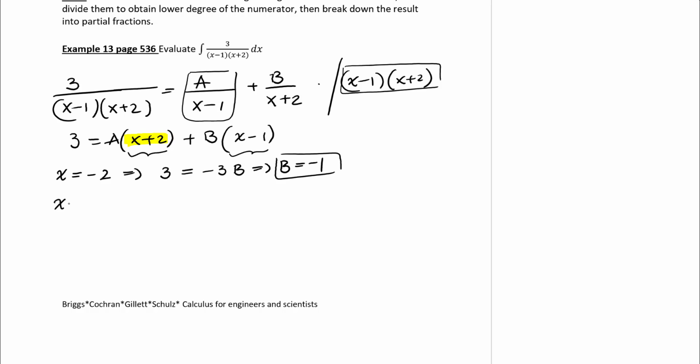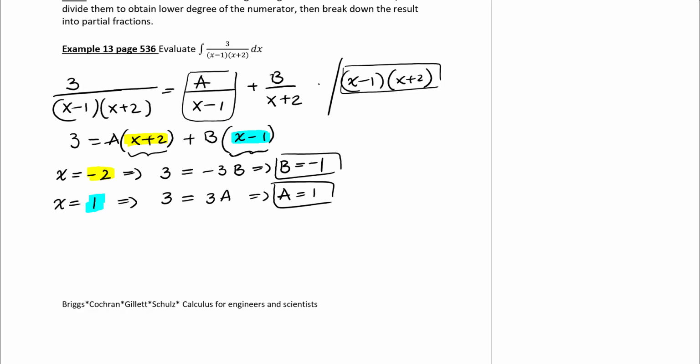Now if we choose x equals 1, we're going to get 3 equals 1 plus 2 is 3a, and then this term here is going to be 0. So a equals 1. The choice that I made by choosing negative 2 and 1 was to eliminate one of the variables, a or b, and get this in a simpler form.